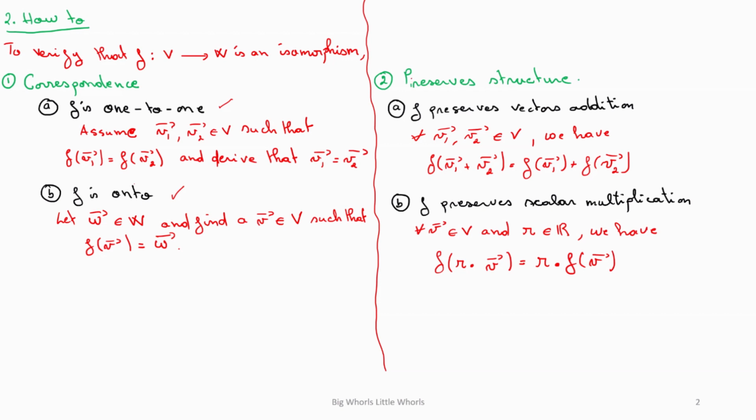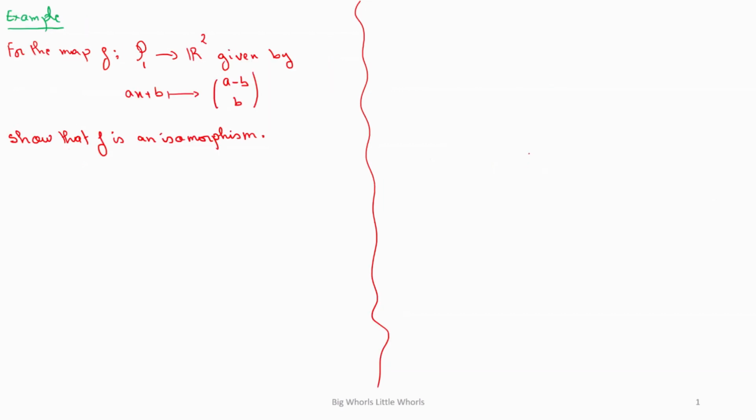The second is that f preserves structure, meaning f preserves vector addition and scalar multiplication. This is how we are going to do the question.